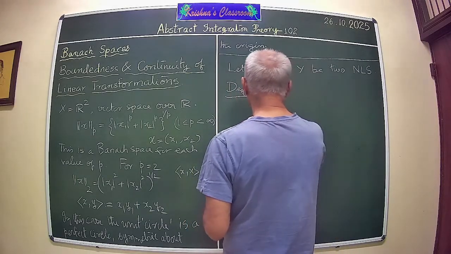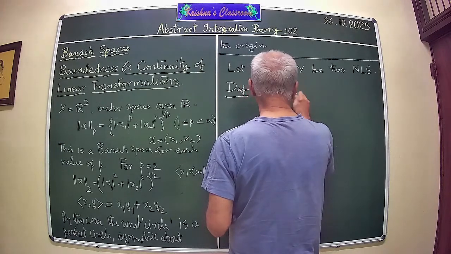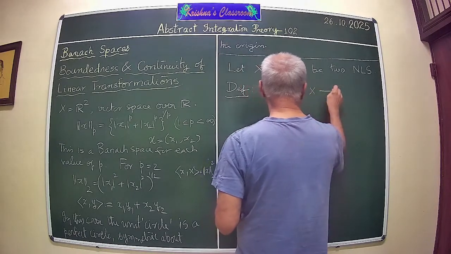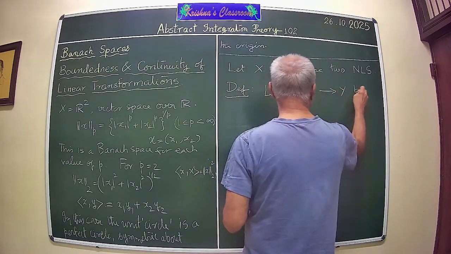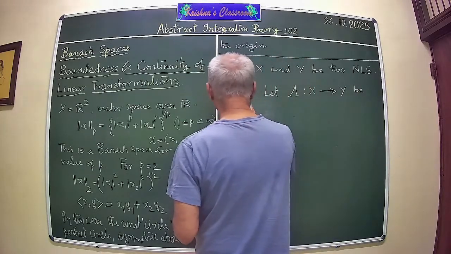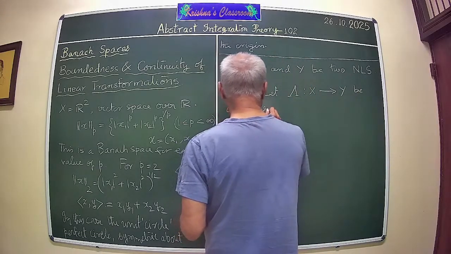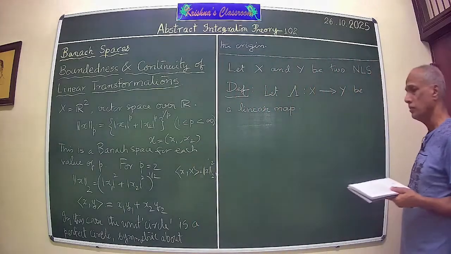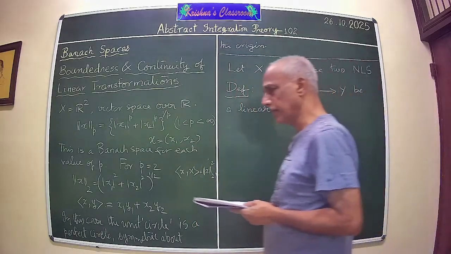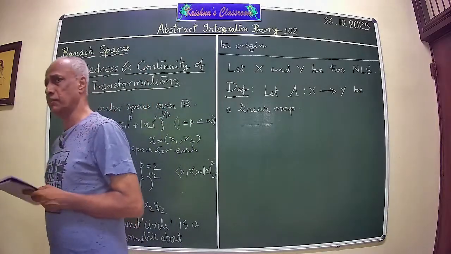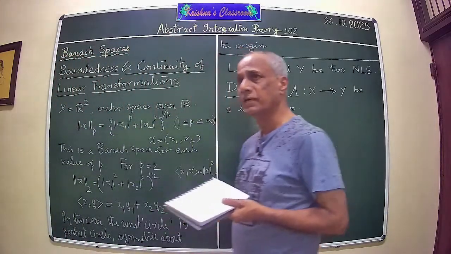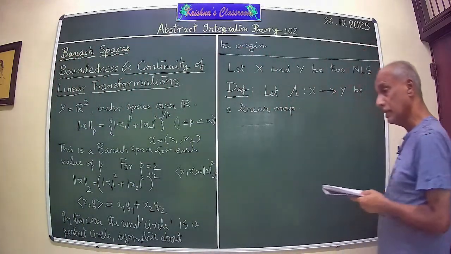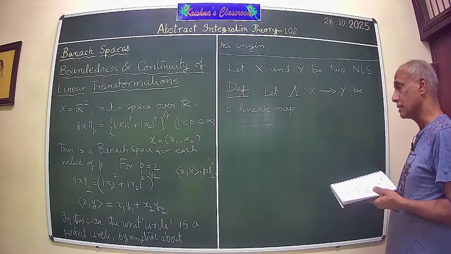So let lambda be a linear map. That means lambda of x1 plus x2 equals lambda x1 plus lambda x2, and lambda of alpha x1 equals alpha times lambda x1.